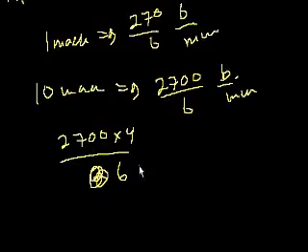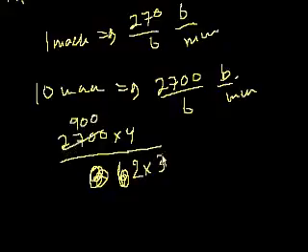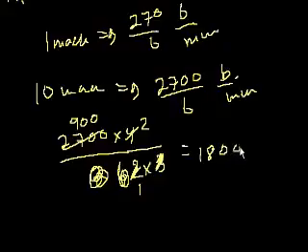Let me see if I can do this math fast. 6 is equal to 2 times 3. 2,700 divided by 3, that's 900. And 3 divided by 3 is 1. And then 4 divided by 2 is 2. So 900 times 2 is equal to 1,800. And that is choice B.